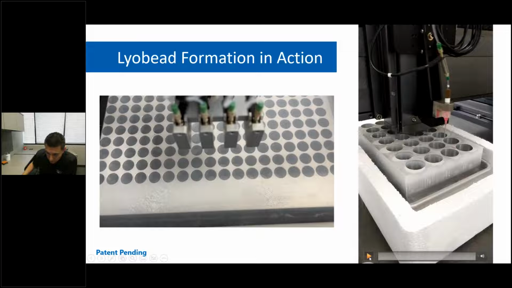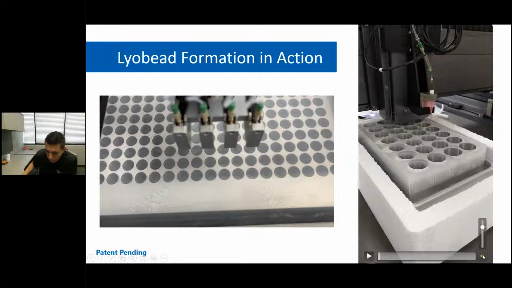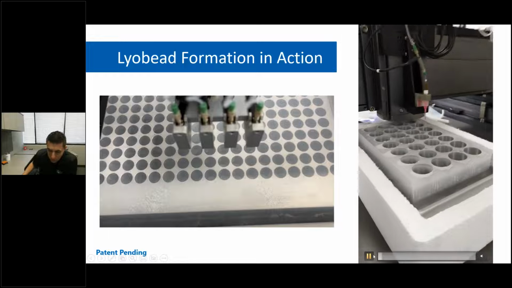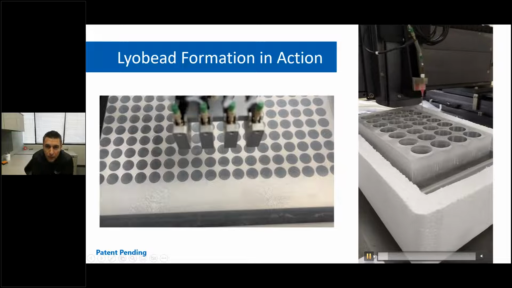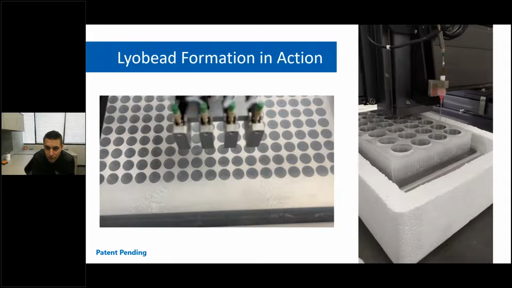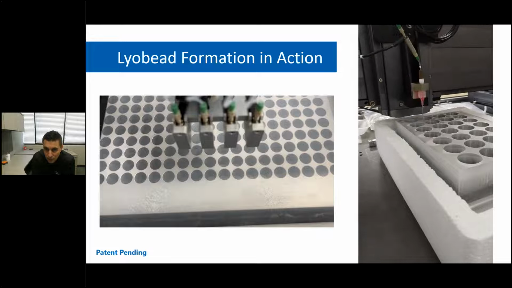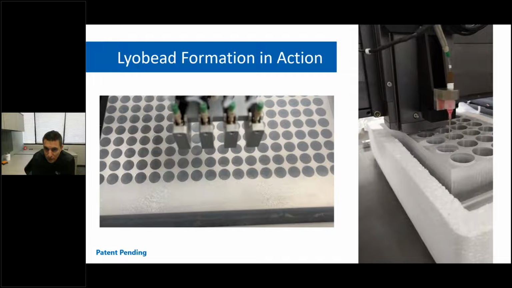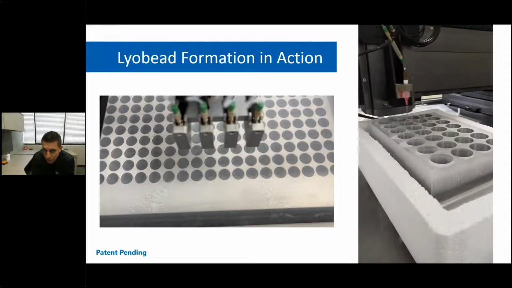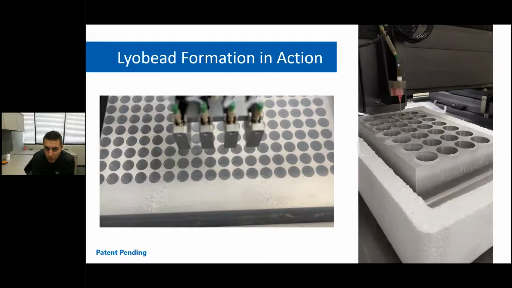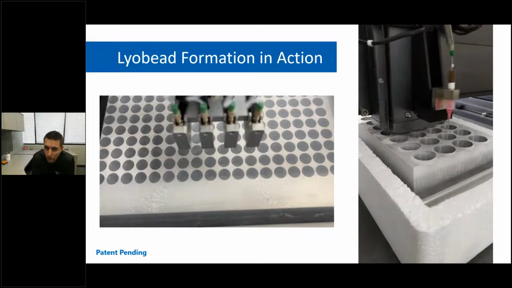And then this is just another example. Sorry, that was loud. Of a different instrument and a sort of different process, but you can see same concept. We need to dispense into the individual partitions and to make sure that the beads don't collide with one another until they drop.